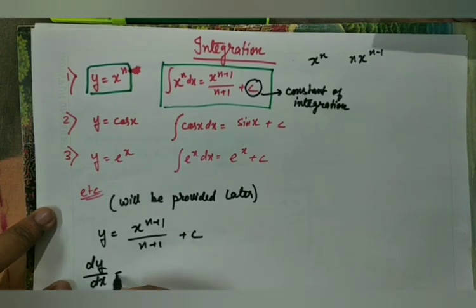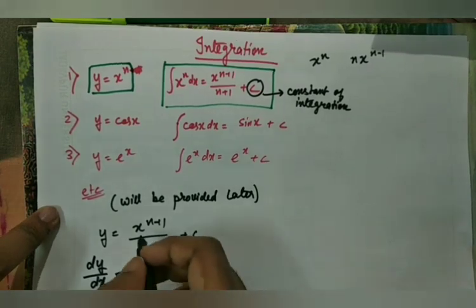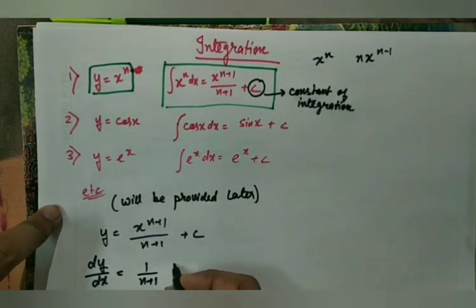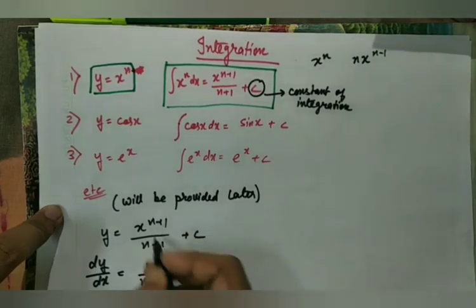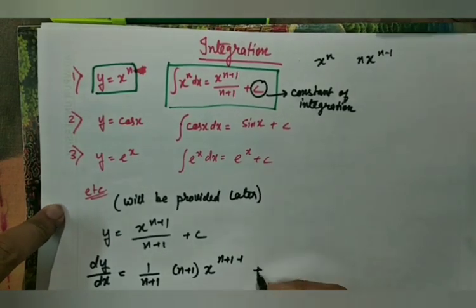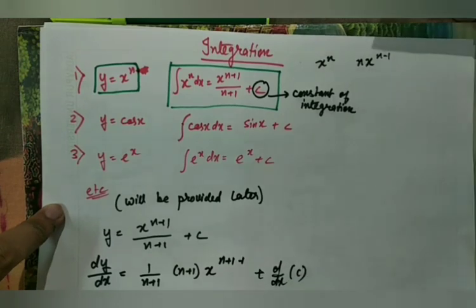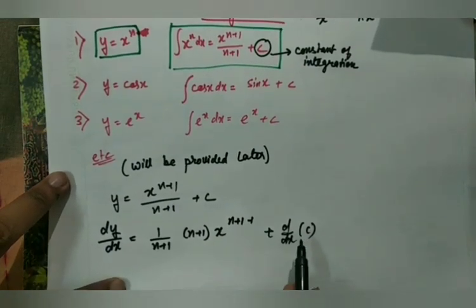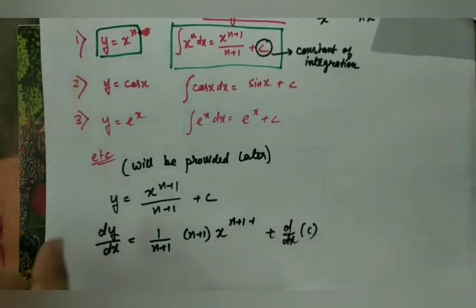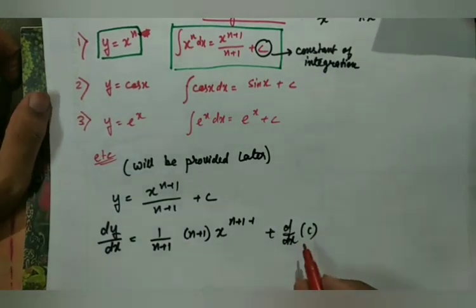dy/dx will be, we can take out 1 by n plus 1 because it's a constant associated with x. x to the power n plus 1 gives n into x to the power n plus 1 minus 1, plus d/dx of c. d/dx of c will be 0, because it's a constant, and it doesn't depend on the value of x.